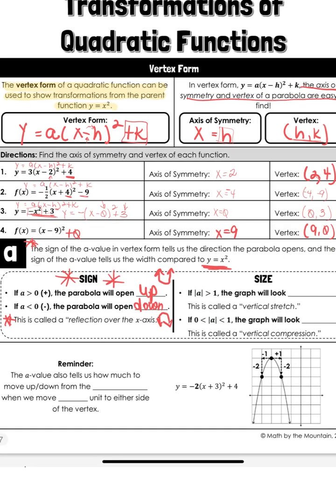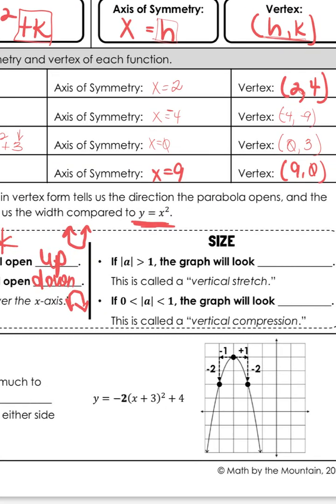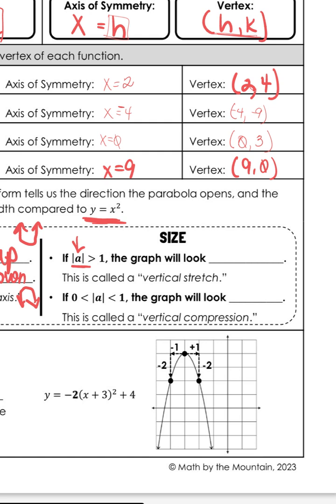All right. The size: if the absolute value of a is greater than 1, then the graph will look narrow, like this, or thin, narrow or thin. If a is greater than 0 but less than 1, greater than 0 because it's on the greater side, and less than 1 because it's on the lesser side, the graph will look wide, or like this.